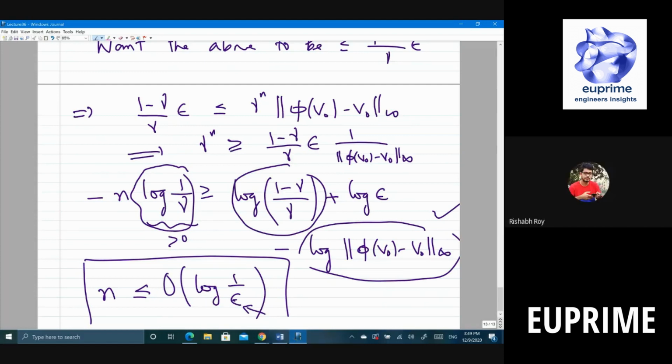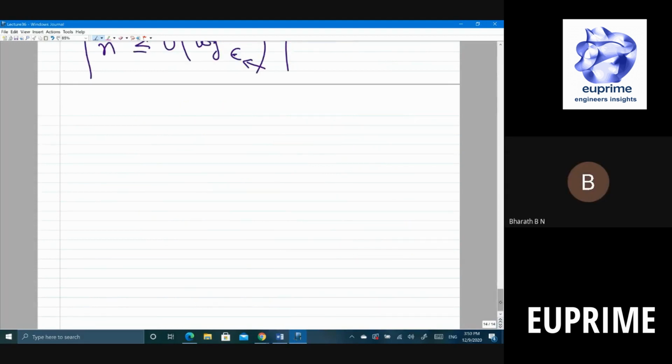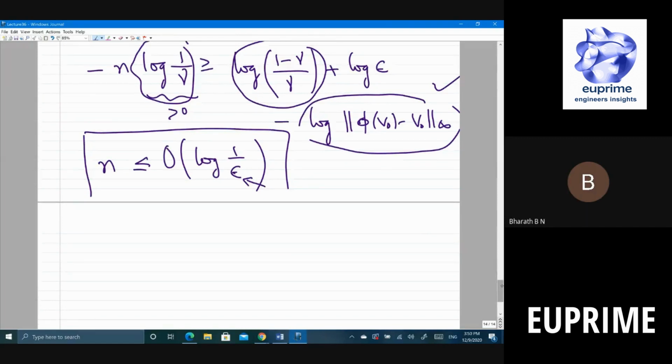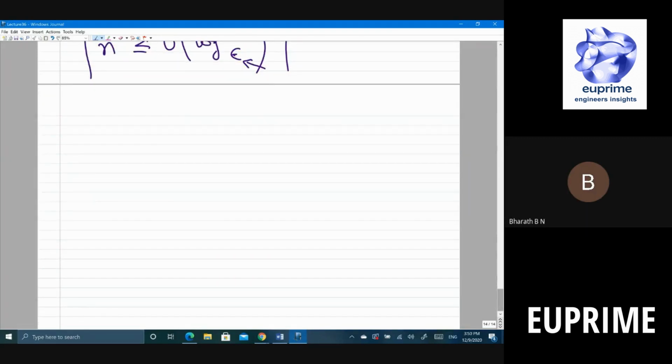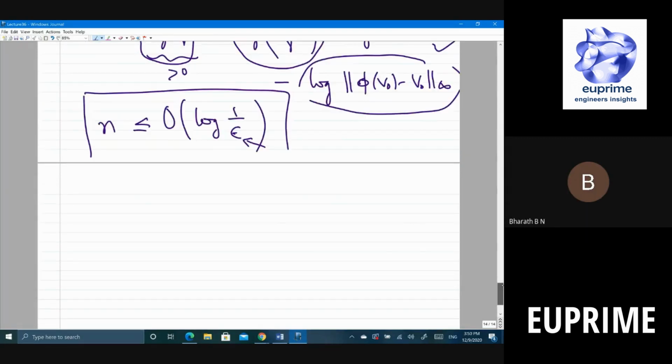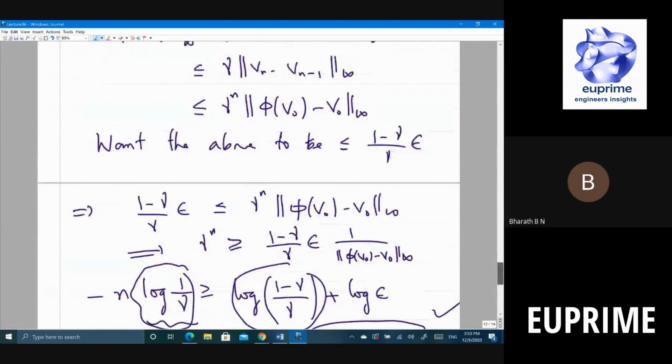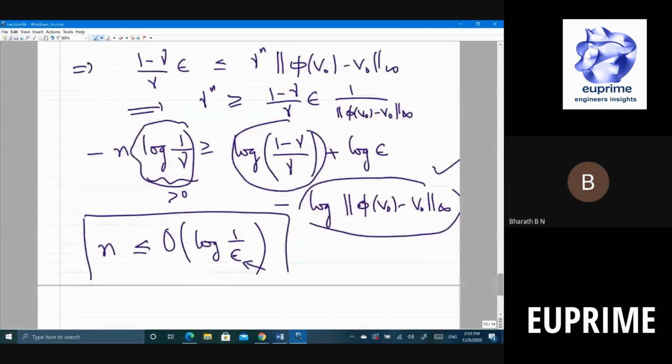Yes, sir. Okay, so the next thing is what is known as policy iteration. Value iteration will give you the solution, but to do value iteration you have to apply phi to v_0, and so on. What is phi? You are maximizing over some function which involves conditional probabilities P of s dash given s comma a.